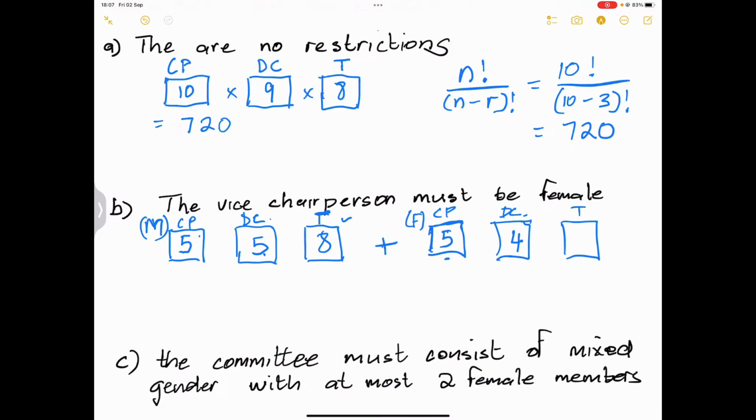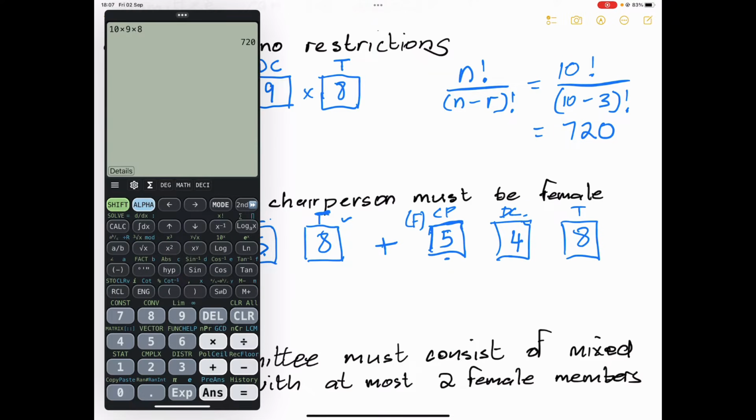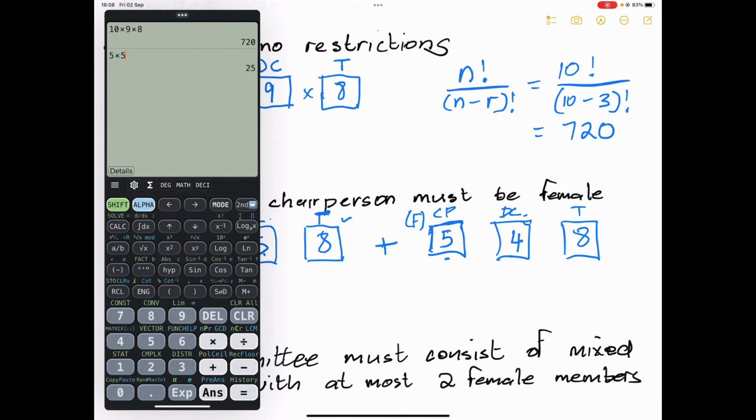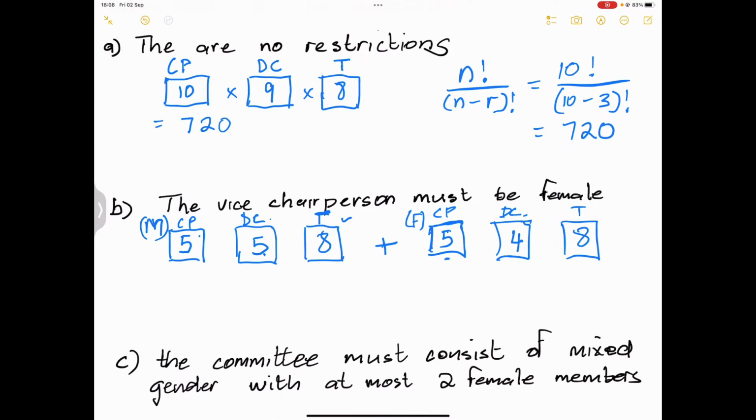The number of females would be 4. And here, how many do we have left? We've got 8. So the number of possibilities would be, first of all, 5 times 5 times 8, plus 5 times 4 times 8. So you've got 360.